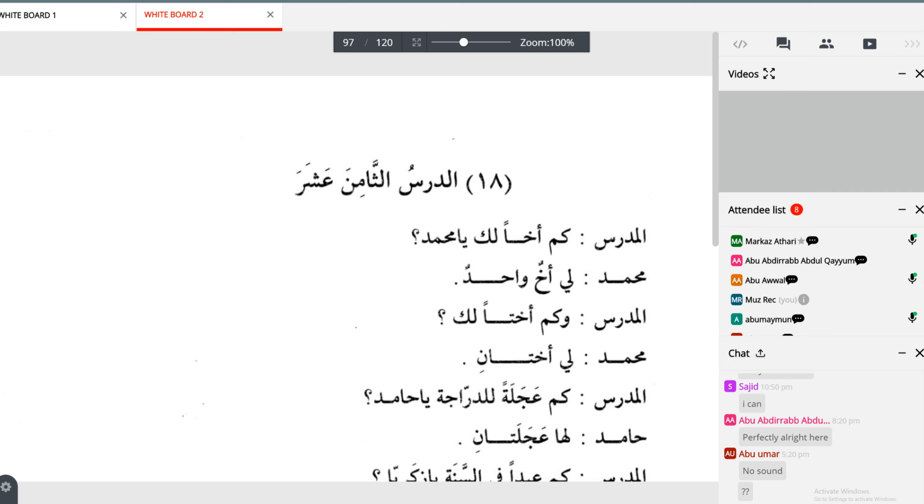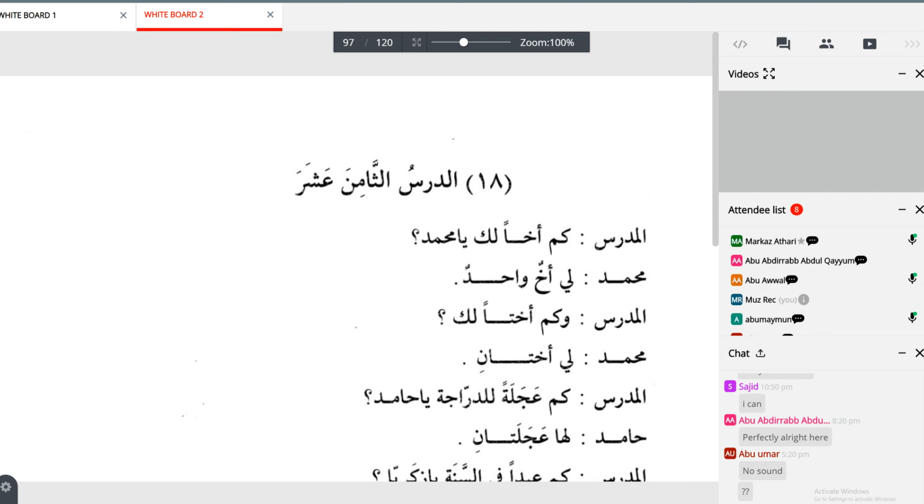Li akhun wahidun. And wahidun over here, one brother, is actually emphasis, because in actual fact you don't need it. If he said li akhun, it might be enough for someone to understand, but to emphasize it, it is described with a na'at.